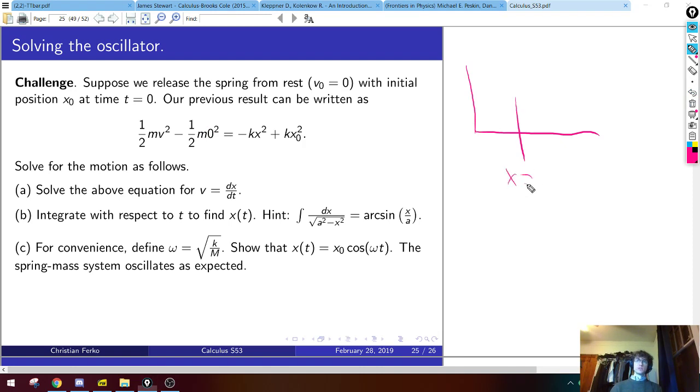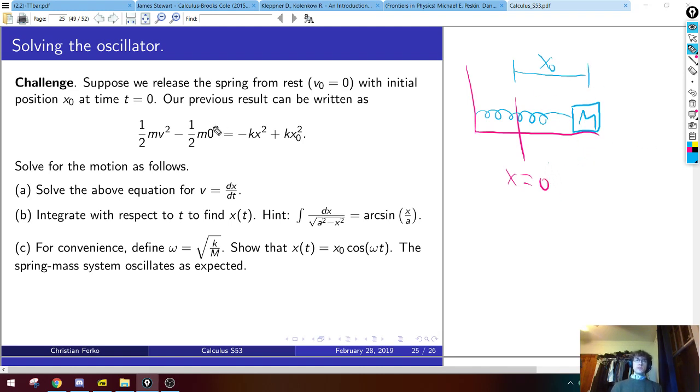Here's x equals 0, and we're going to hold and stretch the spring to some larger position x0, and then let it go. If I stretch the spring to here and let it go, we expect it to oscillate back and forth. It's going to start moving back this way, and then do this again, and it's going to oscillate. We're going to try to prove that, though.